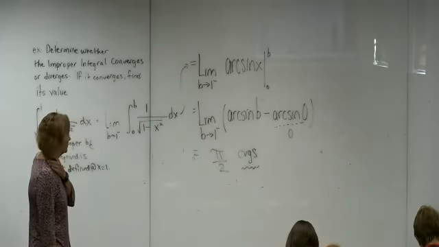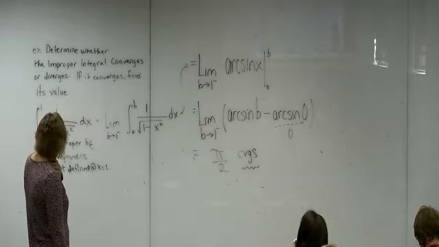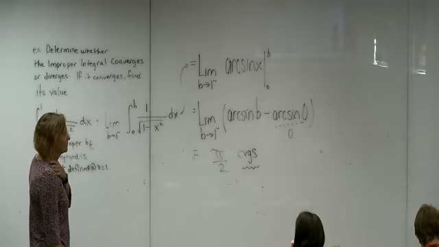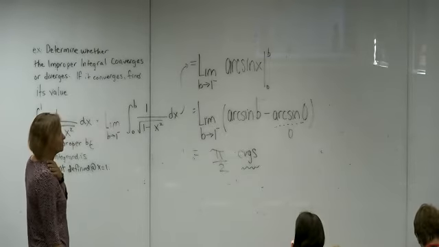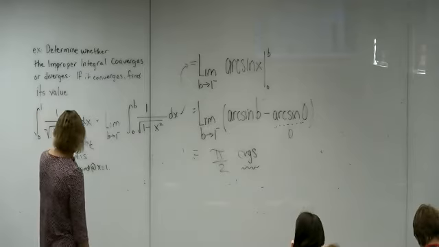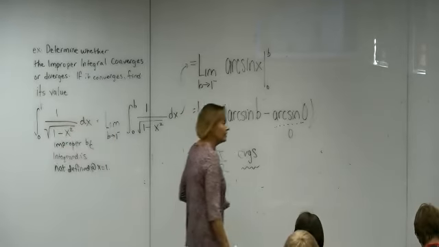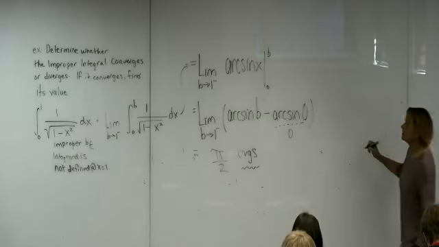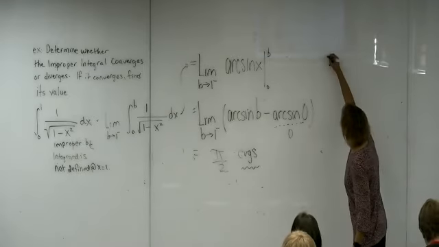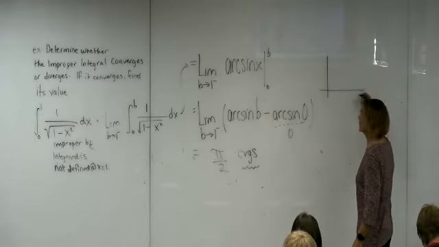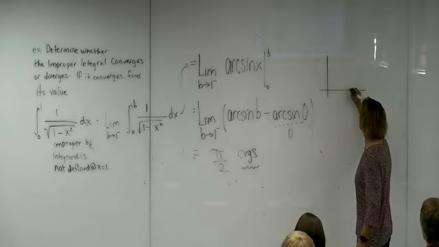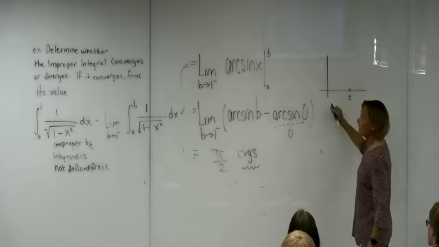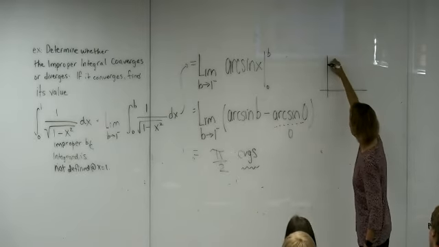What would that look like on a graph? It converges over that interval to that value. In other words, this thing encompasses an area of pi over 2 square units, even though the right end is unbounded. So let me see roughly what the graph looks like. Here is x equal to 1. At 0, this is at 1.